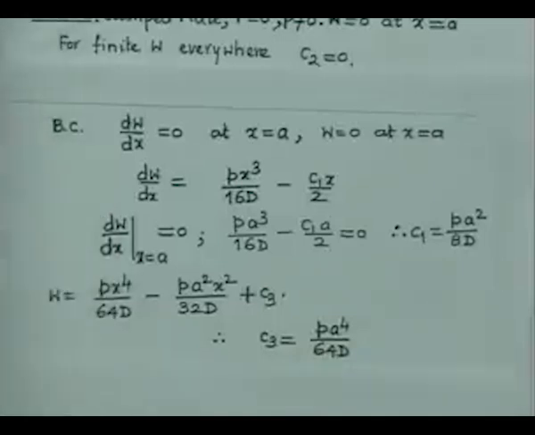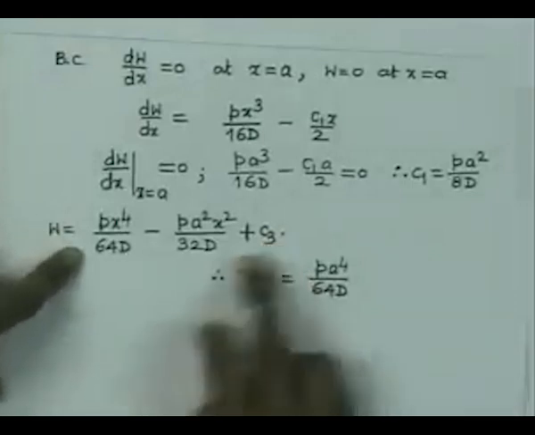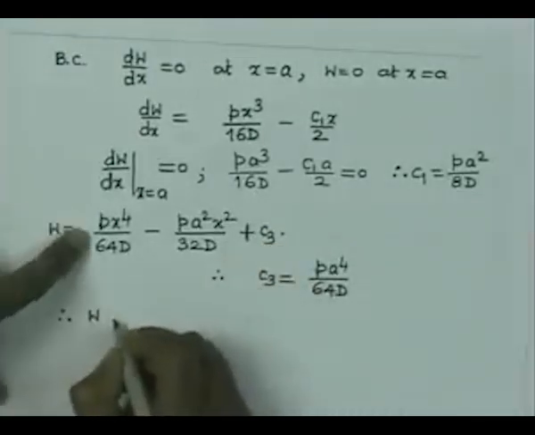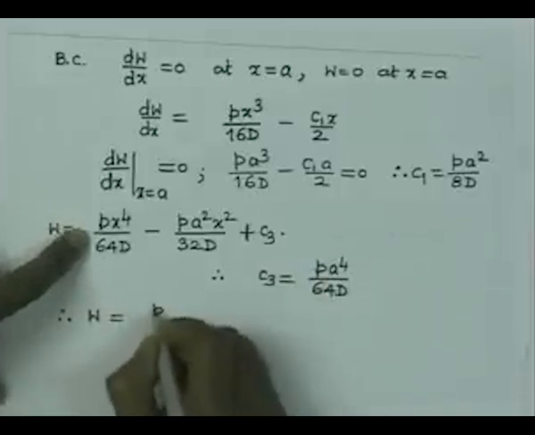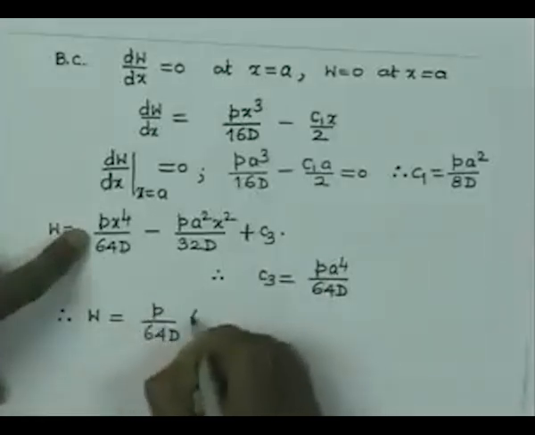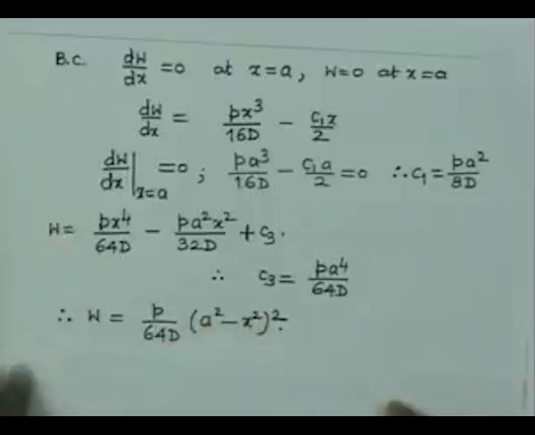Finally, we have got all the constants, and when you put this in the expression, it forms a quadratic, and therefore we have w equal to P by 64d times a square minus x square, whole square.